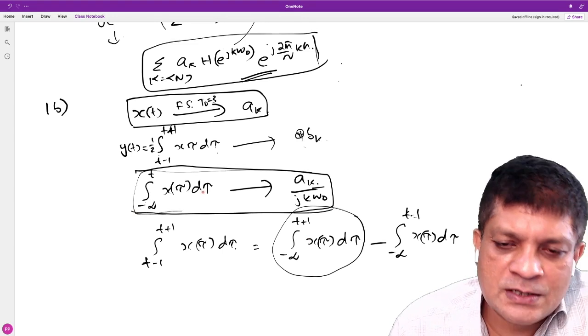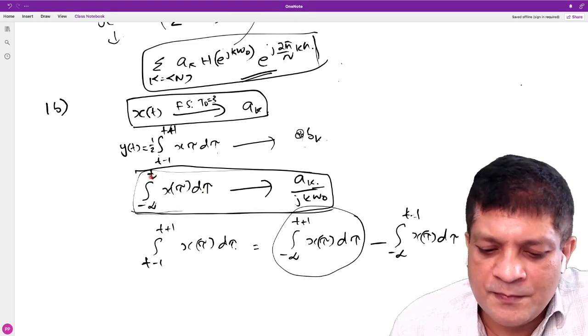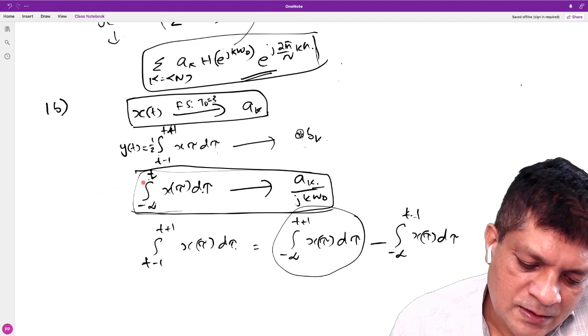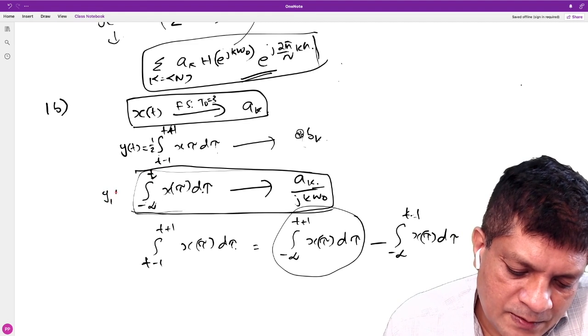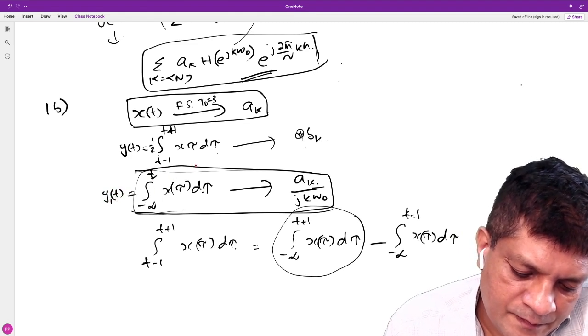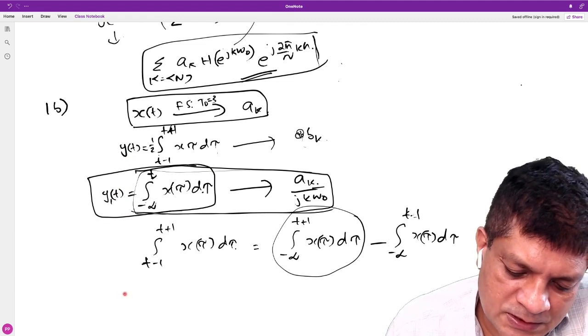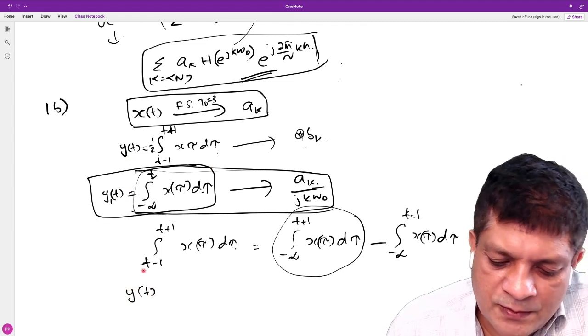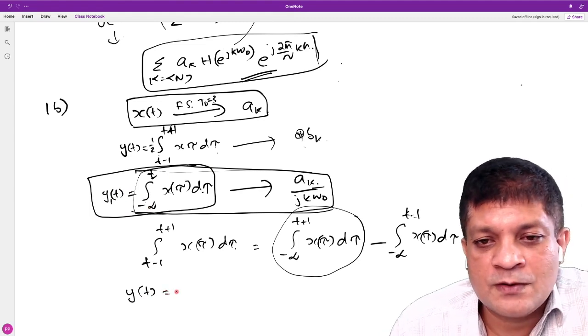Look, this is integration with respect to tau, and the limit is t. I am writing it as y1(t). Now what is the expression for y(t) in terms of y1(t)?